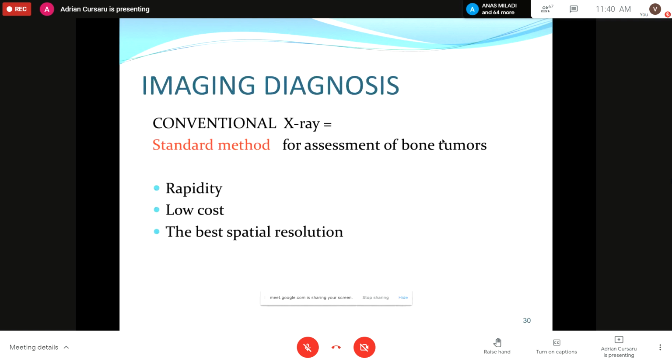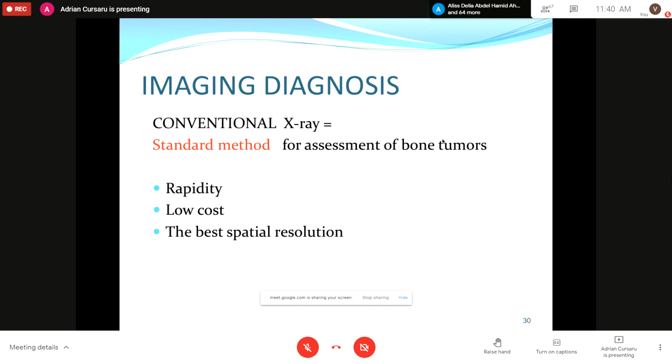All right, for the diagnosis, we have the conventional X-ray, to make the X-ray in more than one incidence. Why? To make a 3D view of the bone and to see all of the types of the bone lesions. The X-ray is the standard method for assessment of bone tumors. Why? Because it's rapid, with low cost and good spatial resolution.